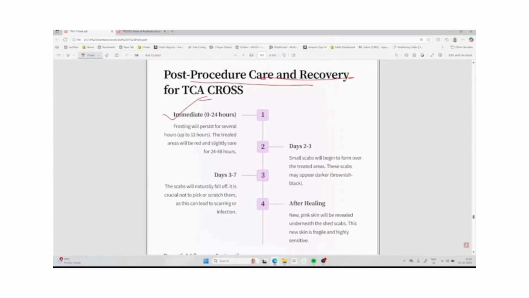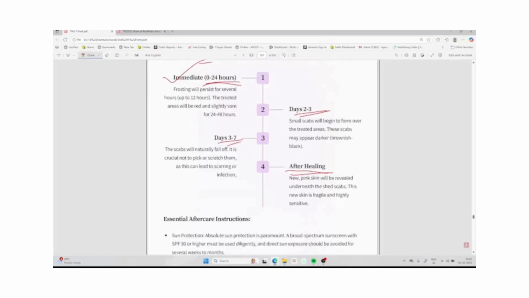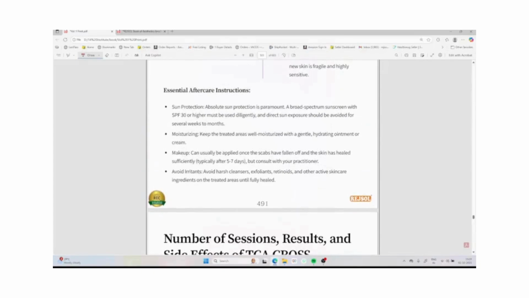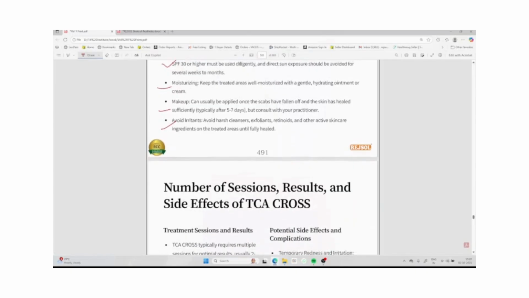So what will happen immediately, what you have to do in the first 24 hours, 2 to 3 days, 3 to 7 days, and after healing. What care is required in TCA, and special instructions on sunscreen, moisturizing, makeup, and irritants. Everything about the procedure is discussed in detail.